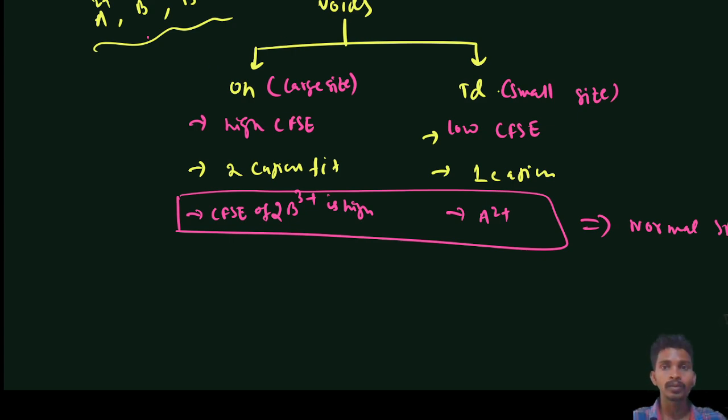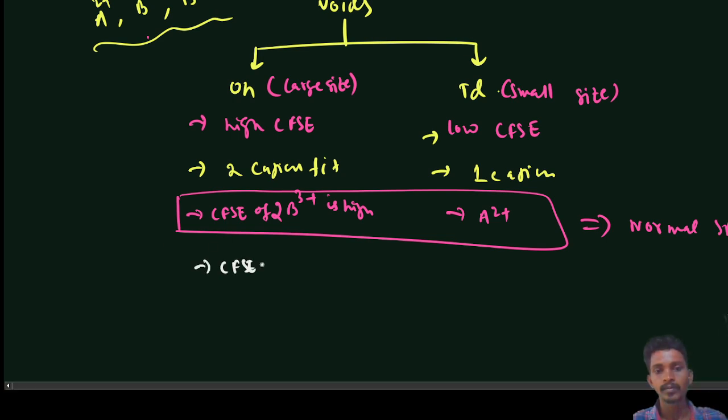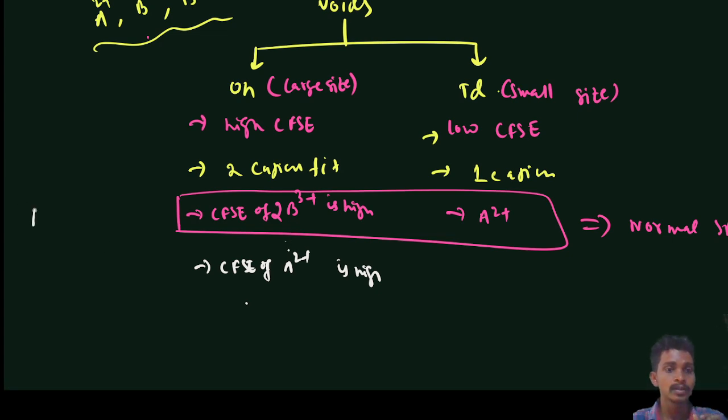Now suppose the CFSE of A2+, that is the dication, is high. Then it will come to the octahedral hole, where 2 cations can fit. But we have only 3 cations: one A2+ and two B3+. So one has high CFSE and the other B3+ has low CFSE.